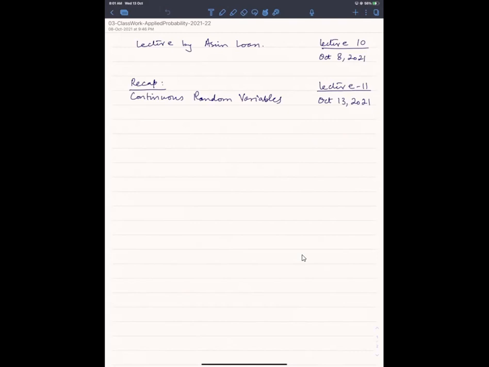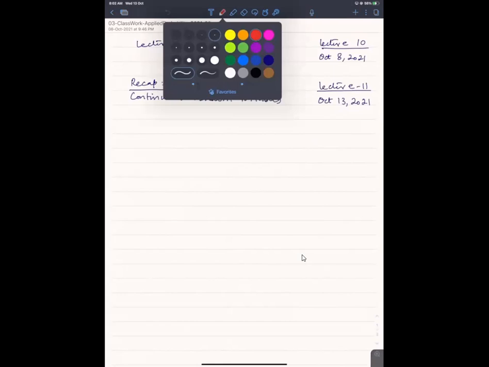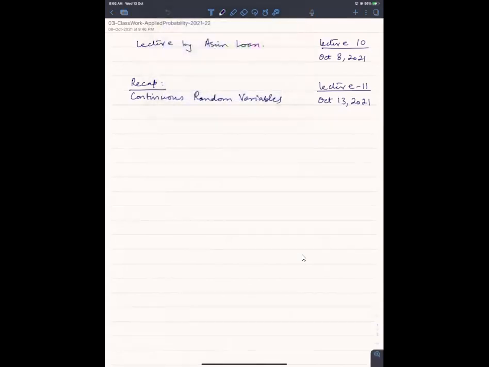So we are going to do a quick recap of last lecture for continuous random variables, and we will show you a few more examples. Last time Dr. Asim covered a lot of ground on the random variables and the functions of the random variables, some examples of the random variables, expected value of the function of the random variable, and transformations.